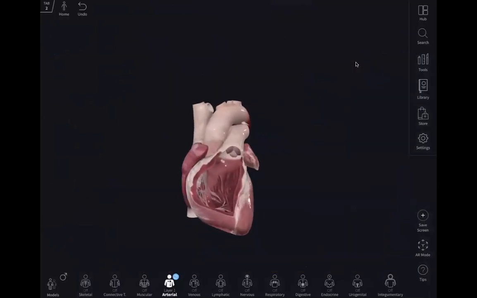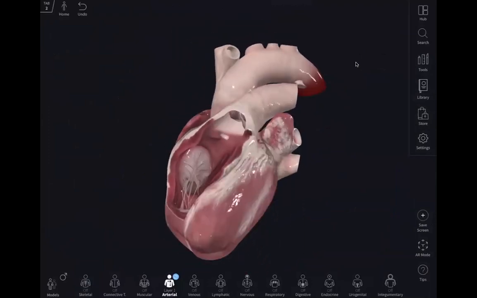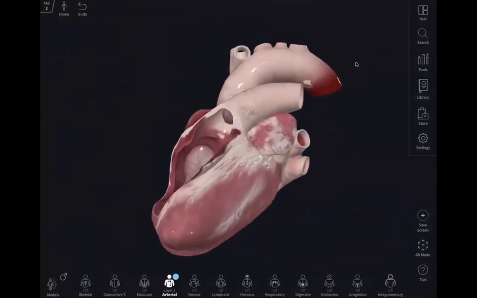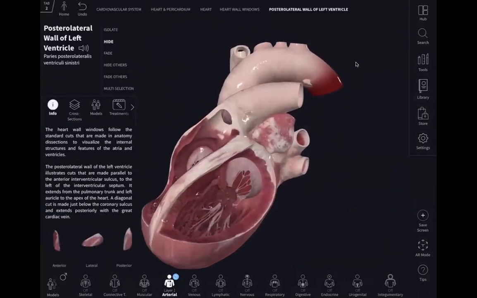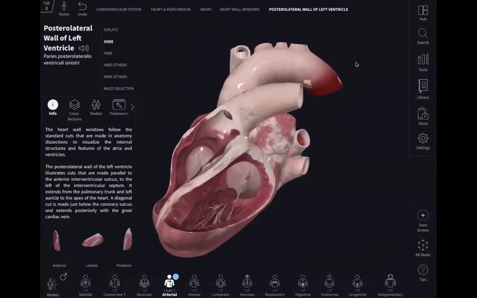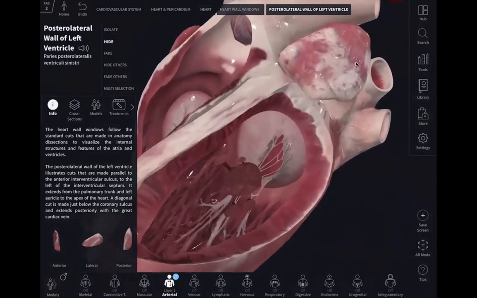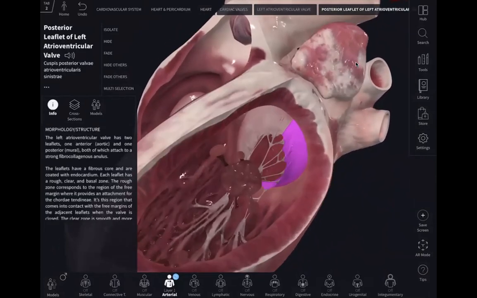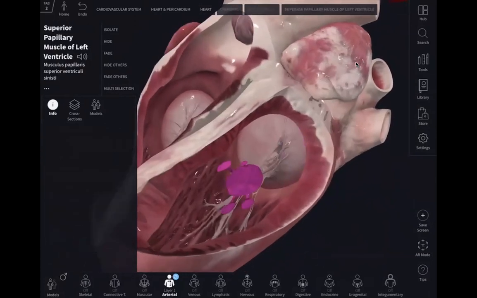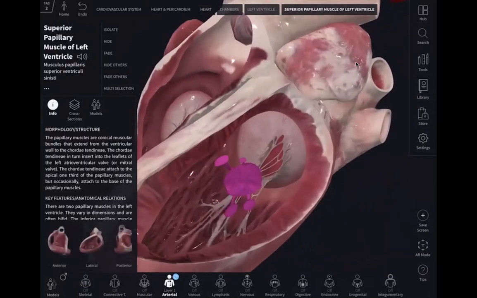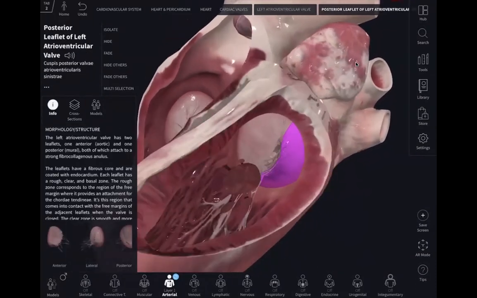All right, this is about the right-hand aspect, what you have to know. Let's show you the left-hand side. Here you are seeing the bicuspid one, the left atrioventricular valve, or you can say the mitral one as well.